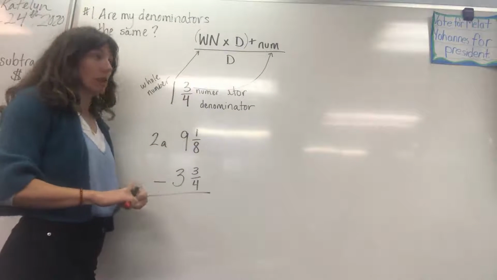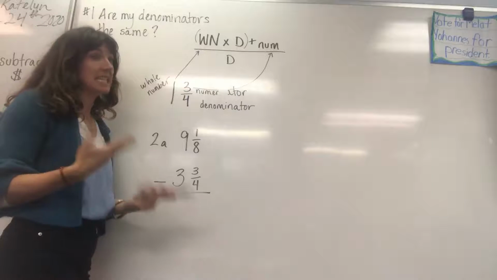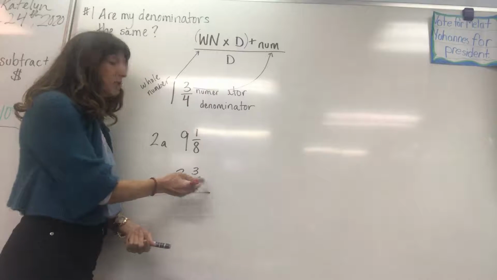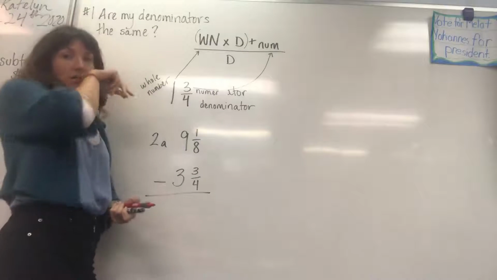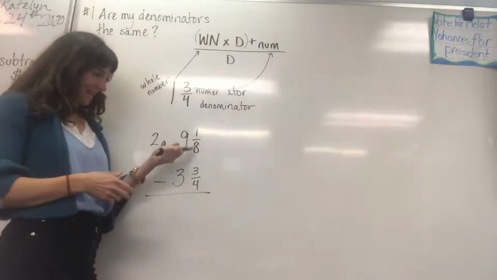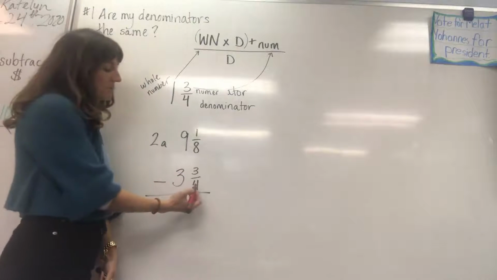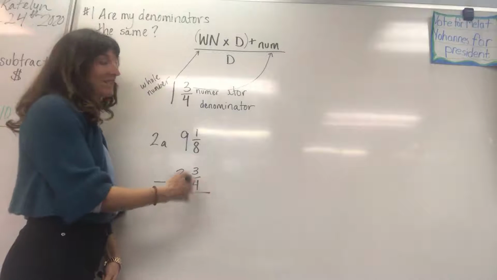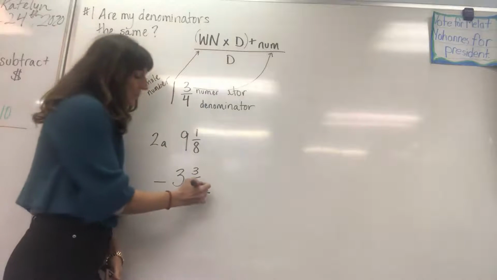8 is the larger denominator, so we do a few multiples of 8. 8, 16, 24, and then we start to do multiples of the second denominator. 4, 8, 12. They both share the number 8, and 4 times 2 is 8. So I'm going to change my bottom fraction to have the same denominator. How do I change 4 into 8? You multiply it by 2.